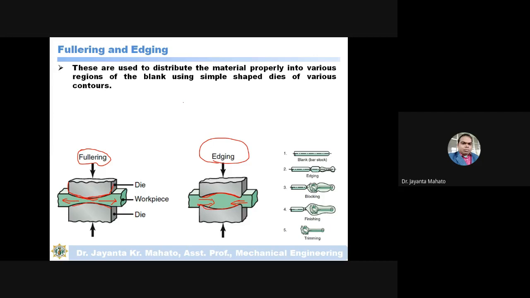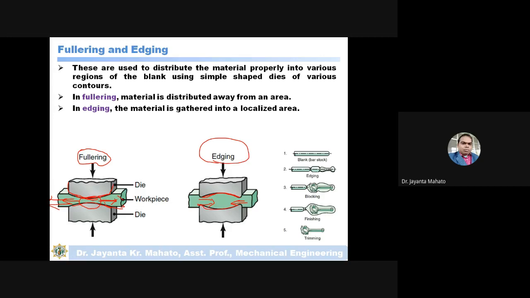So in case of fullering, material is distributed away from the area. From this area the material is distributed away, in this way. And in edging, the material is gathered into the localized area.